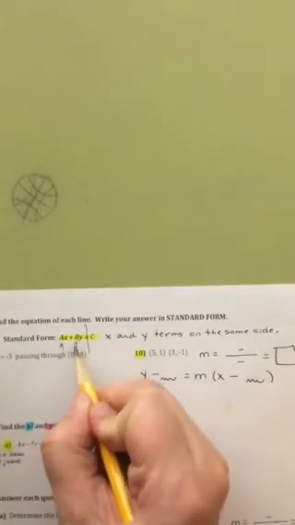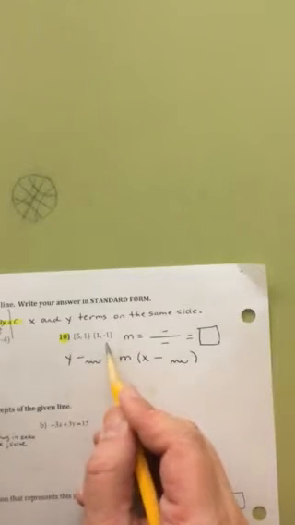On the back, find the equation of the line in standard form. Standard form means I have my x's and my y's on the same side. In number 10, none of these are the b values, so I have to use point slope form. That involves slope.